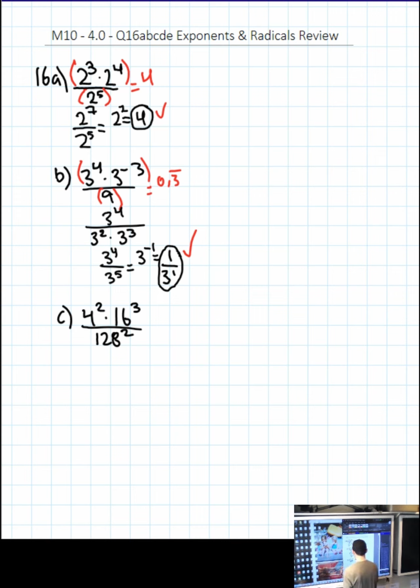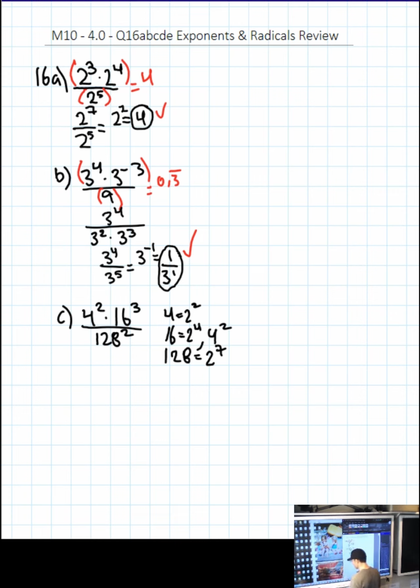So 4 is equal to 2 squared. 16 is equal to 2 to the 4, but also equal to 4 squared. Now 128 is only equal to 2 to the 7. I'm going to check that on the calculator, 2 to the 7. Good, so because 128 can't have a base of 4, we have to use base 2.